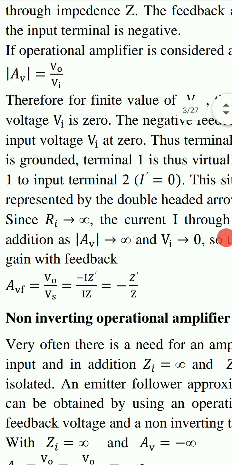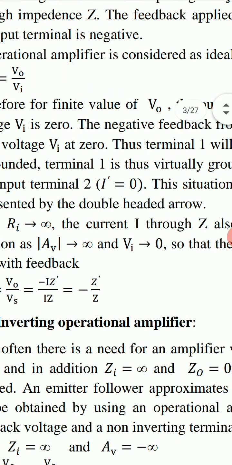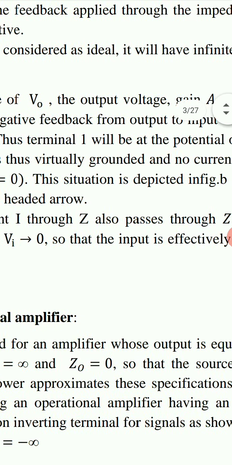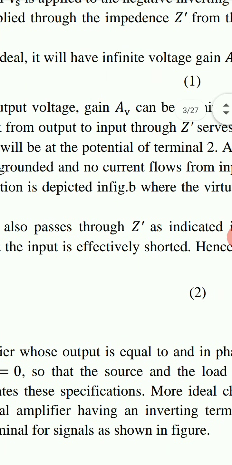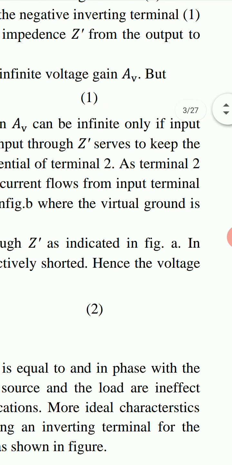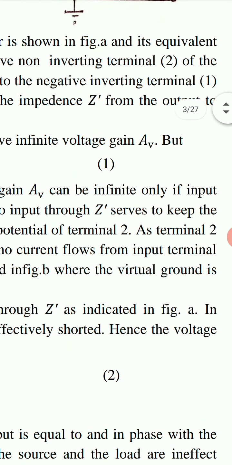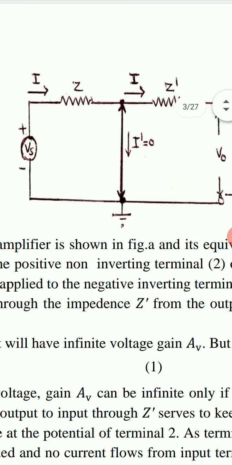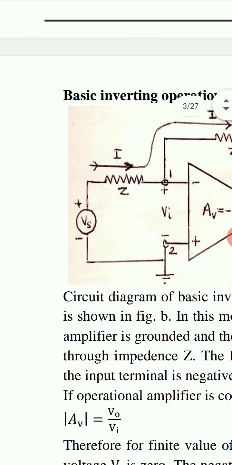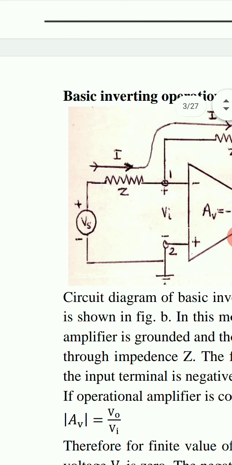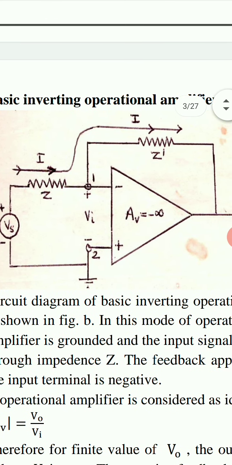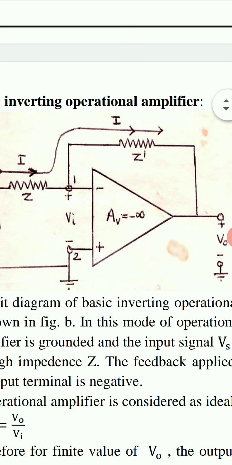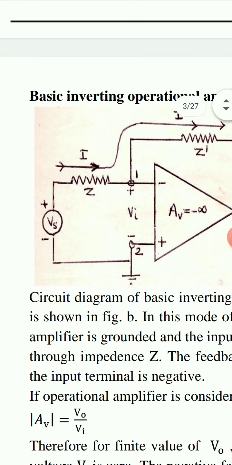Since input resistance Ri is infinity, current I through Z also passes through Z' as indicated in the figure. Current I, which passes through impedance Z, also passes through impedance Z', as no current flows between input terminals 1 and 2.